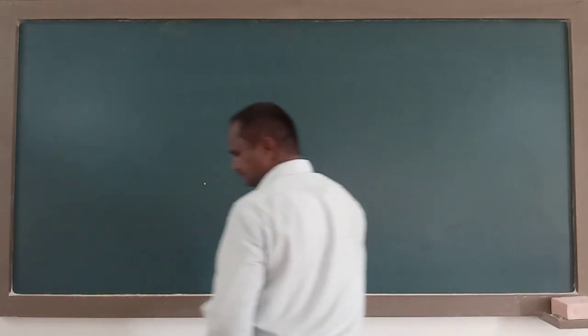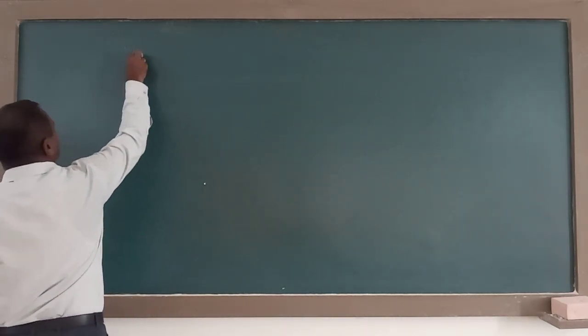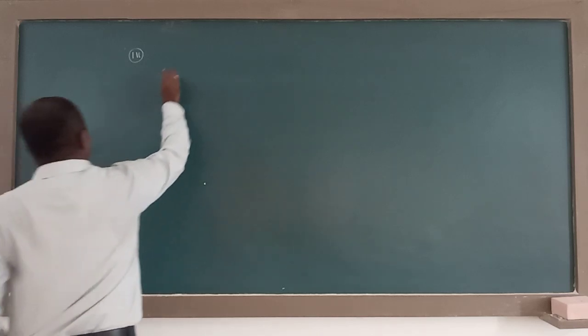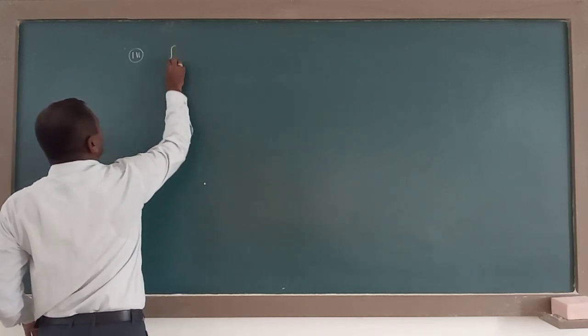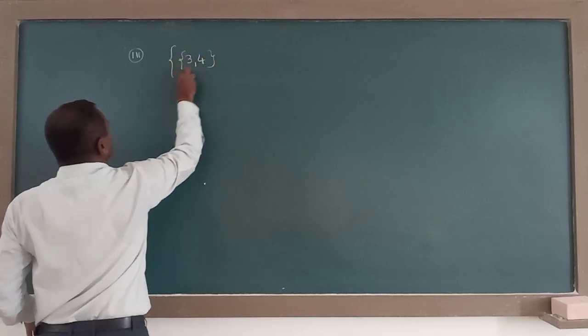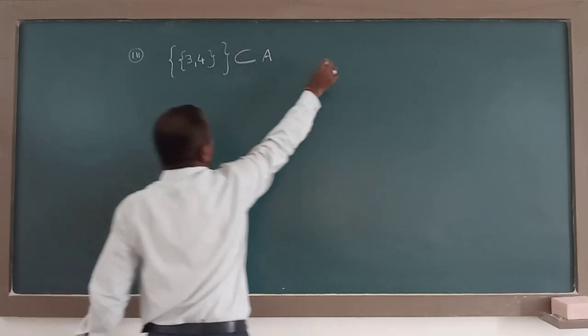Next question, the third question: the set of the elements 3, 4 is a subset of A is correct. Why? Because they gave elements here.